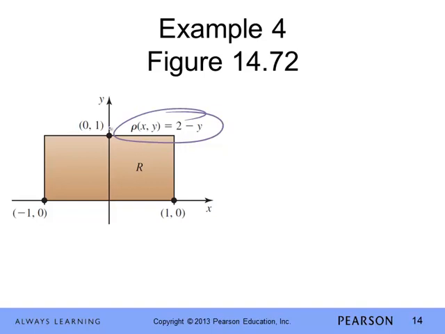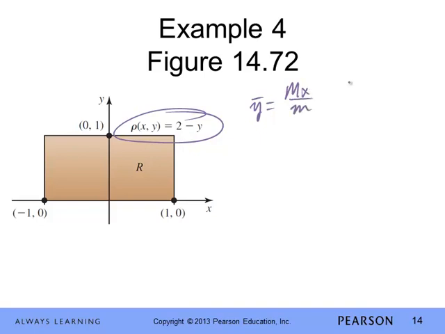So the x-coordinate of the center of mass is going to lie somewhere on the y-axis. Huh? So it's just really a matter of now finding the y-coordinate of the center of mass. So now you know what you need to do to find y bar. You get your moment with respect to x divided by the mass.